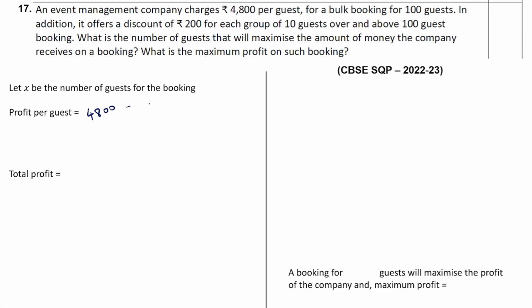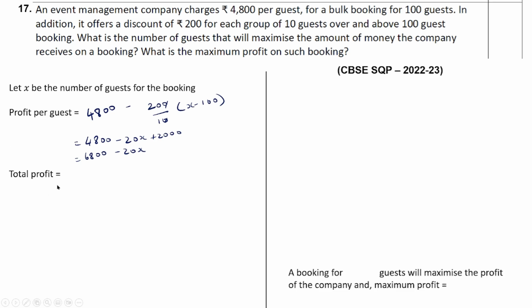So it is 4,800 minus 200 by 10 into X minus 100. So this, if we simplify, it is 4,800 minus 20x plus 2,000, or it is 6,800 minus 20x. And now this is profit per guest.